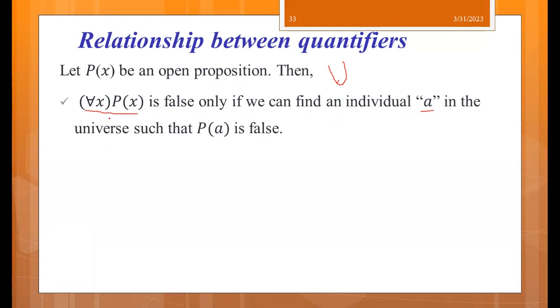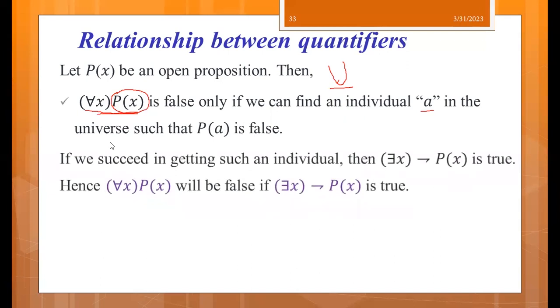Or this quantified proposition for every x p of x is false if and only if we can find an element a in the universal set that can make the negation of p of x true. Generally, this could be false if and only if there exists at least one element within the universal set that can make the open statement p of x false.